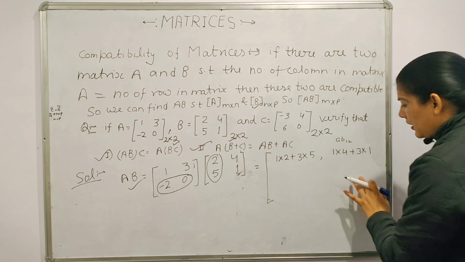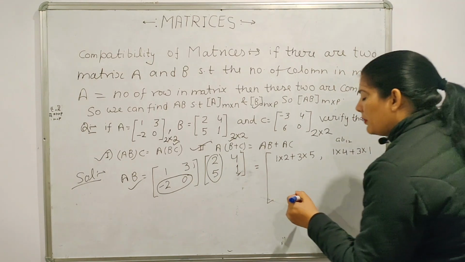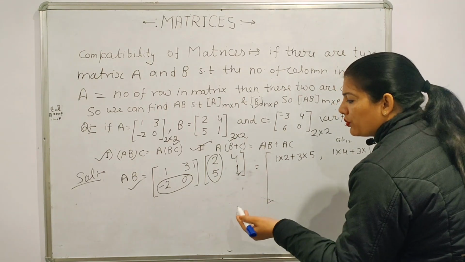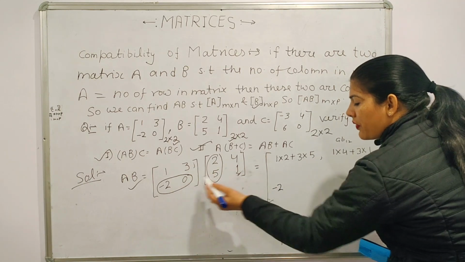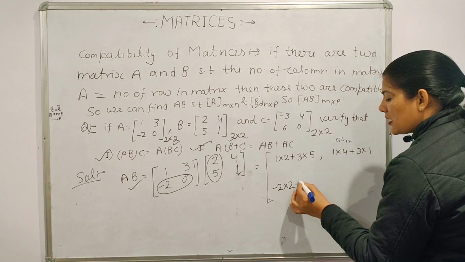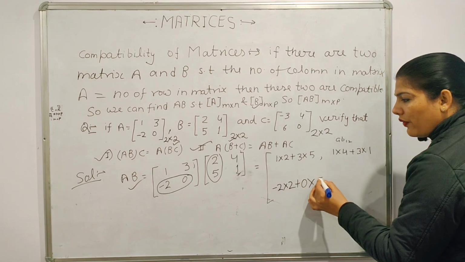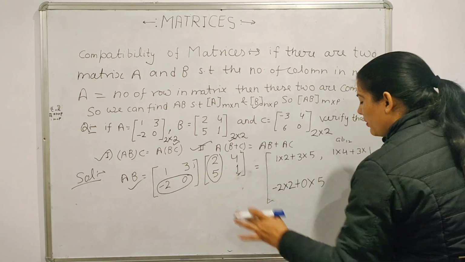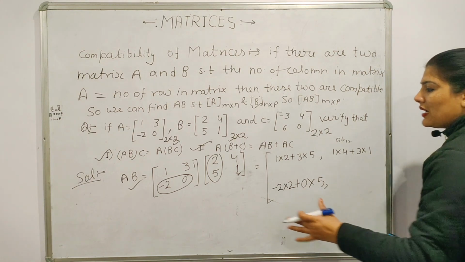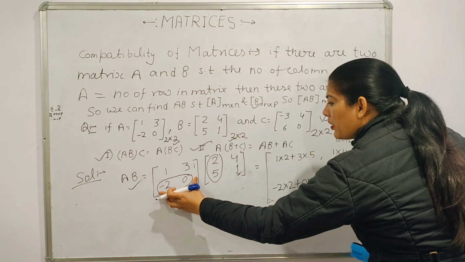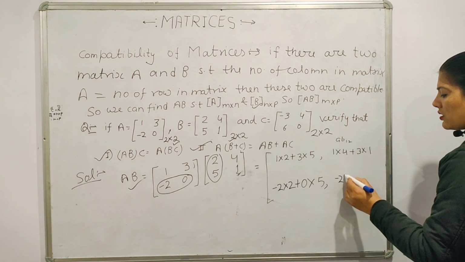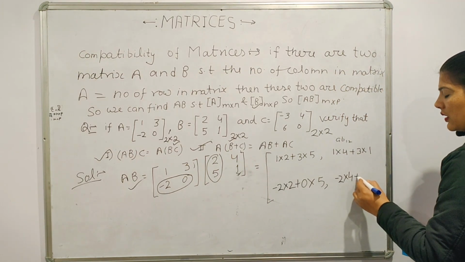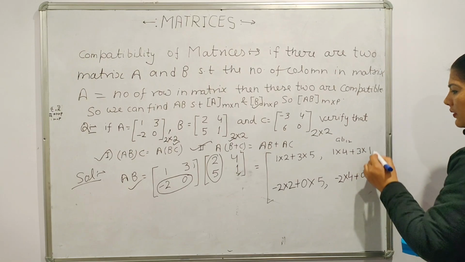That's how you can find the last element, that is AB22. So here it is minus 2 into 2 plus 0 into 5. And the last element is equal to the product of this row and this column, which is minus 2 into 4 plus 0 into 1.